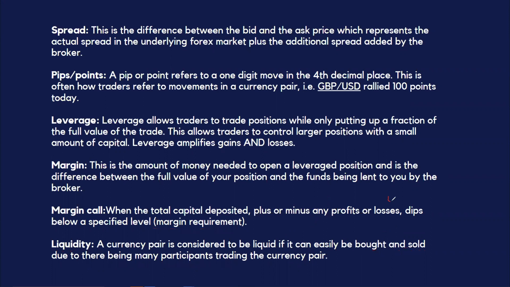If a seller sells, they are looking to make profit on top of their sales. If a buyer buys, they are looking to make profit on top of their initial capital. So each time you buy a particular currency pair, there is a seller at the end, because there can never be Forex trading without two people, a buyer and a seller. So a currency pair is considered to be liquid if it can easily be bought or sold, due to there being many participants trading the currency pair.